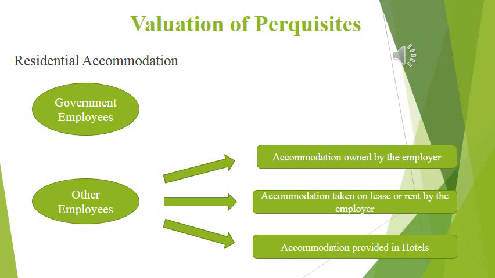Before that, I would like to discuss some points. I will give the details of our discussion through Google Classroom in PDF format, which are the perquisites under the category of tax free, which are the perquisites taxable in all cases, and which are the perquisites taxable in the specified case.